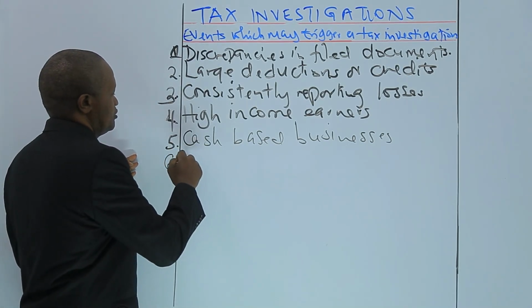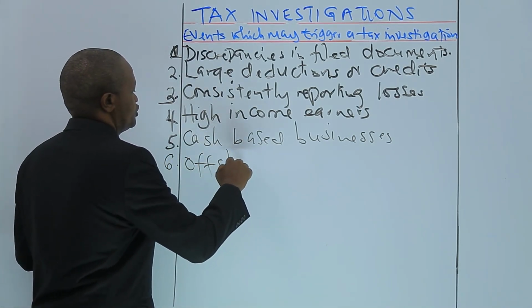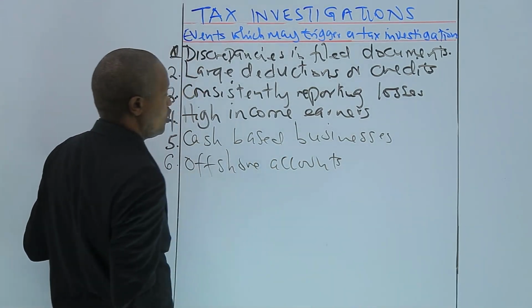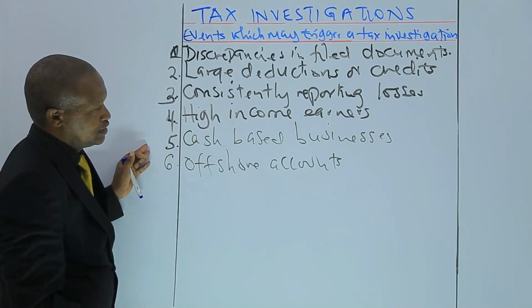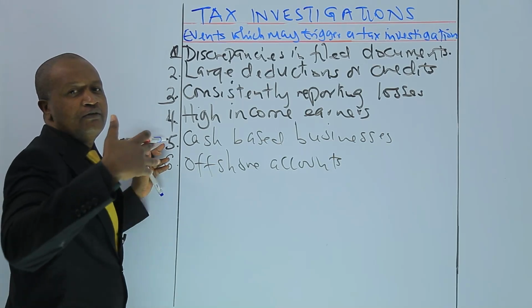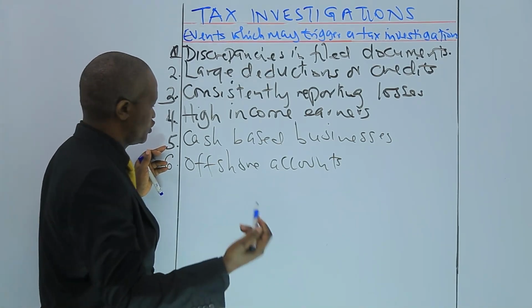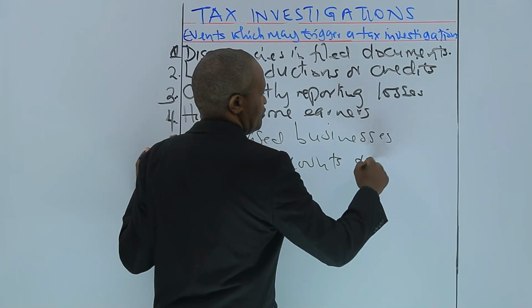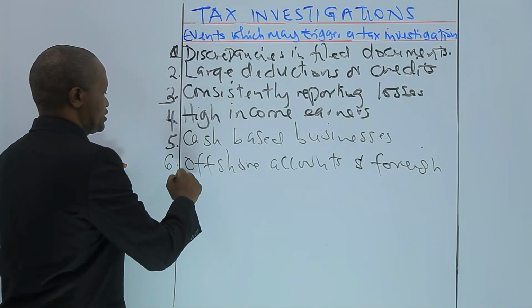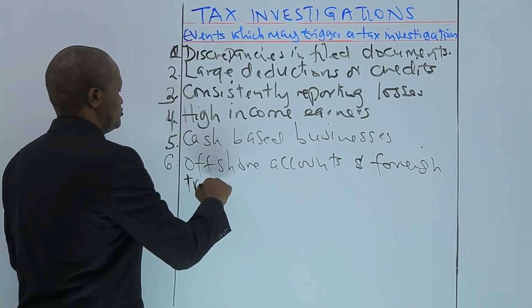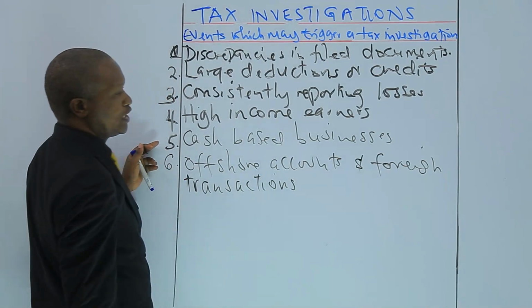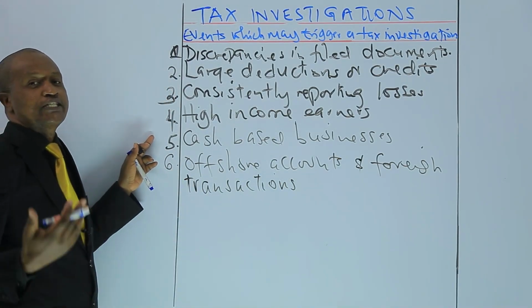Number 6, offshore accounts and what we call foreign transactions.